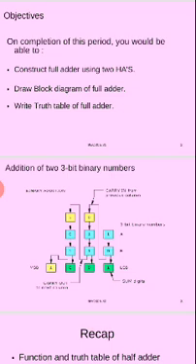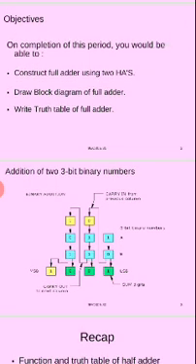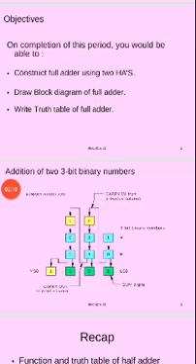And we know a half adder can add 2 bits, and it has 2 inputs, 2 outputs. The 2 outputs are sum and carry.